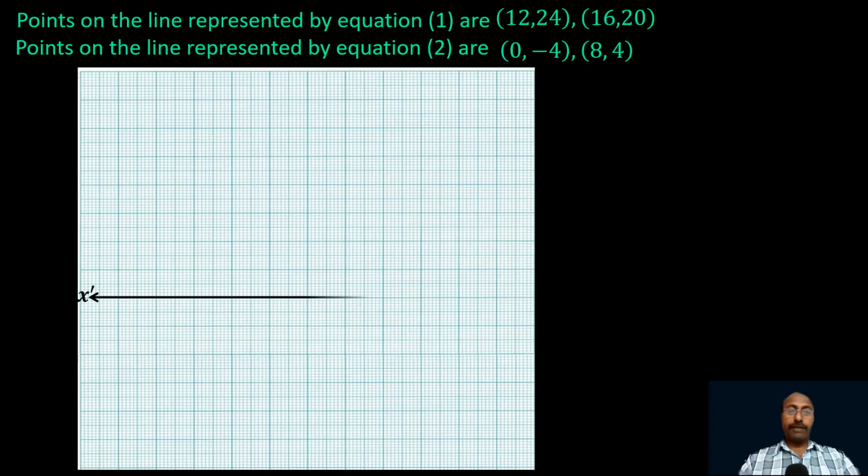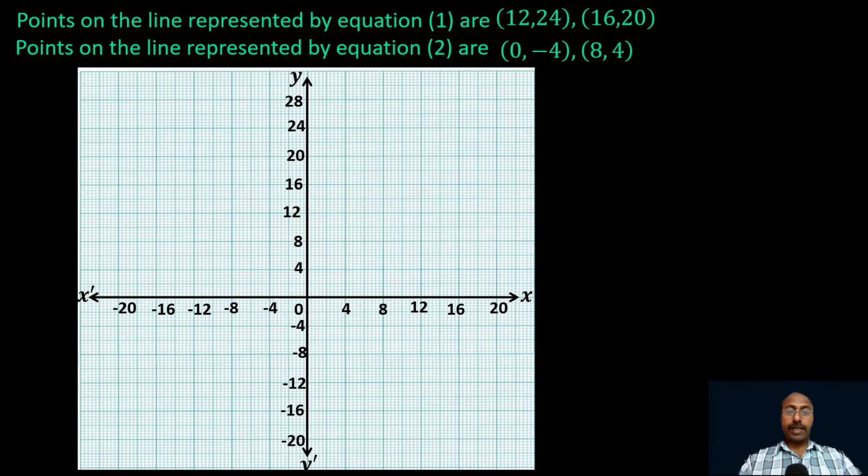So this is the graph, x-axis, y-axis, and these are the units. And now I am taking on x-axis 1 centimeter equal to 4 unit, as well as on y-axis also I am taking 1 centimeter equal to 4 units. Now take the points on the line represented by equation 1. The first one is 12 comma 24, and the second one is 16 comma 20.